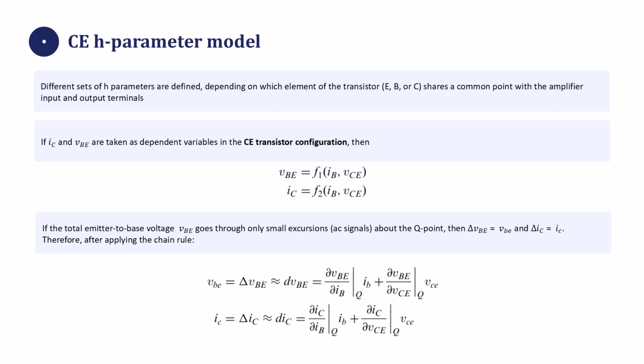For this configuration, we treat IC, the collector current, and VBE, the base to emitter voltage, as dependent variables. That means we write VBE as some function of the base current IB and the collector to emitter voltage VCE, that is shown here as VBE equals F1 of IB and VCE and IC equals F2 of IB and VCE.